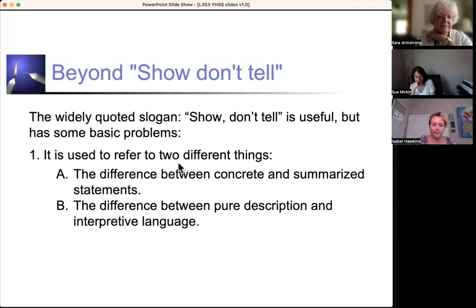And so when we say show, don't tell, we're talking about being on the concrete side and on the pure description side. That's the show. We're talking about telling, we're talking about being on the summarized and the interpretive language end. And that's why it's so dang confusing, because it's not one thing.